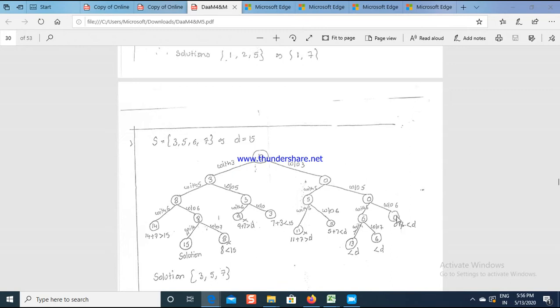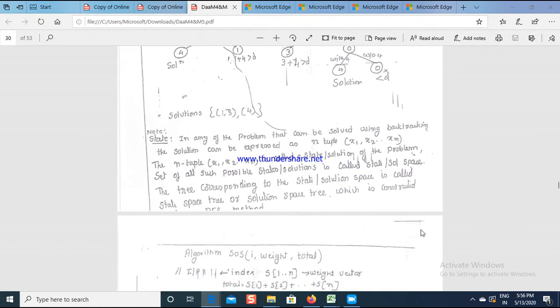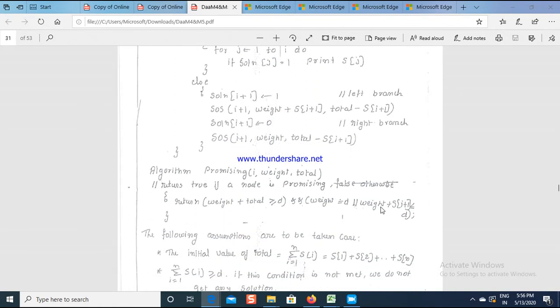The current sum is 0, and the next element is greater than D. So that is what we have written in the promising function. I told you the two cases to get the dead vertices, and that is what we have written. The current weight plus the next element, if it is greater than D, and the one more dead vertex condition I told you, the current weight plus the total, if it is less than D. So these two are the cases for the dead vertices.